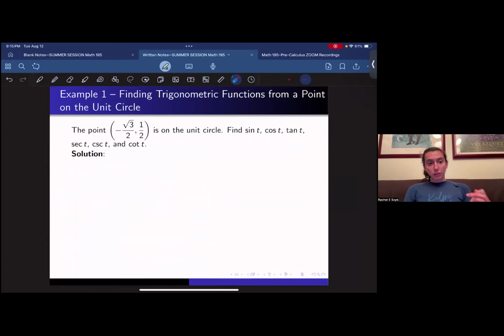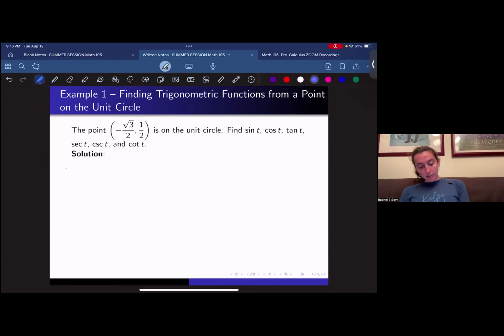So let's tackle this first example together. We have the point negative square root of 3 over 2, comma 1/2, and we just want to find all of our 6 famous trig functions.